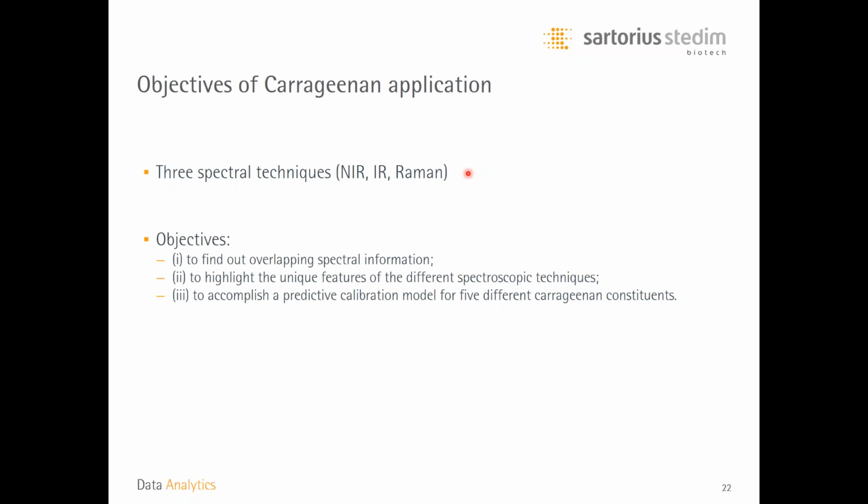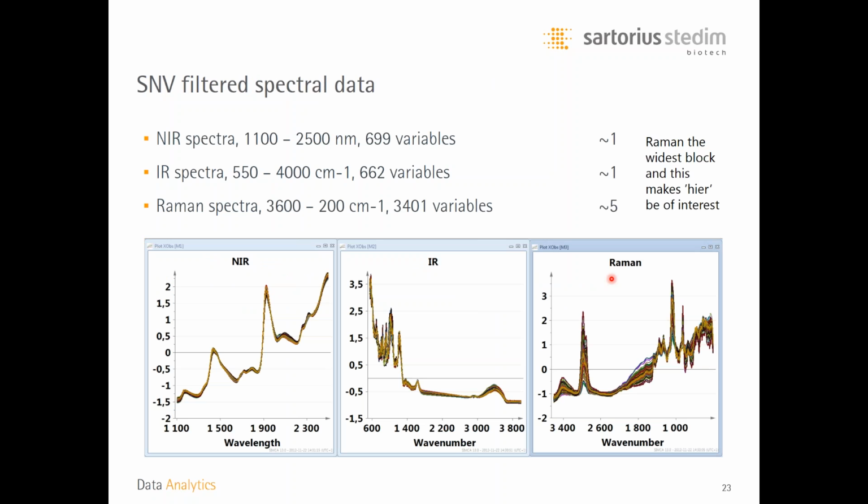An alternative and perhaps also intriguing question is more the data fusion aspect that we are going to look into in this presentation. Are there any overlapping spectral information? Will there be unique features for the different spectroscopic techniques? And this is something we will try to answer using the hierarchical approach.